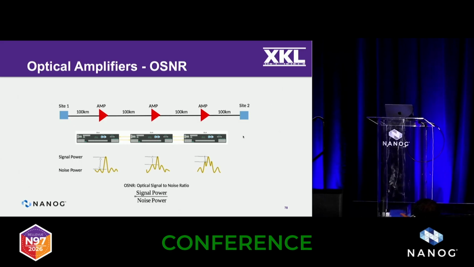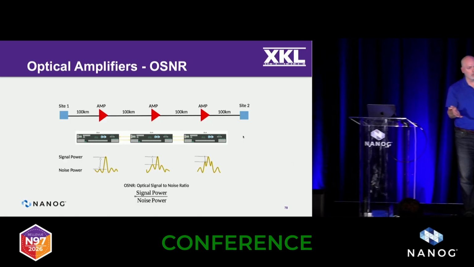I need to boost that signal some more. Not only am I amplifying the signal, I'm amplifying the noise from the previous stage, and I'm adding noise from this stage. So now my OSNR was this number, now it's this number. Next stage, this number. If it gets below spec for the receiver at site 2, it's not going to work.